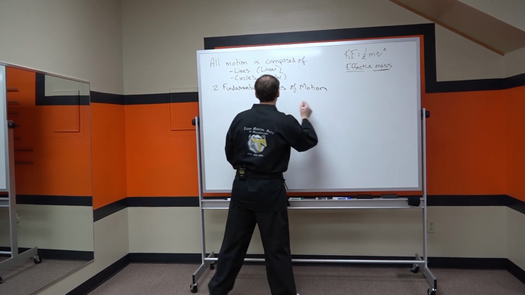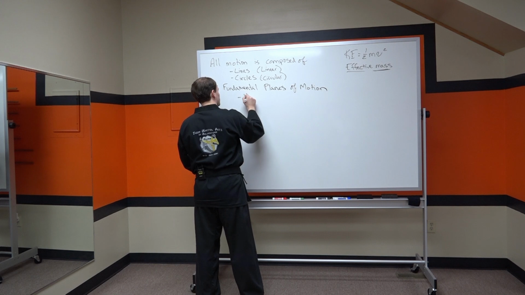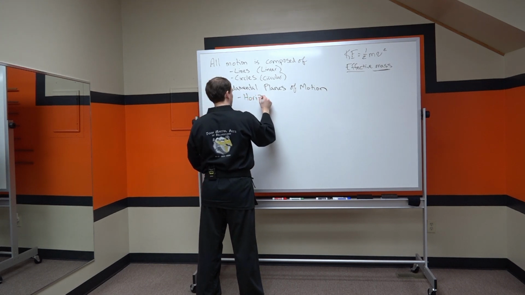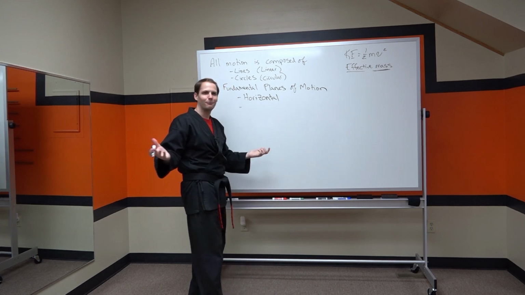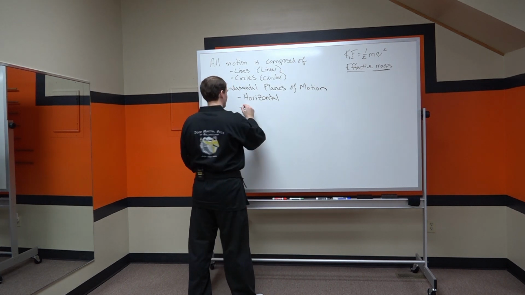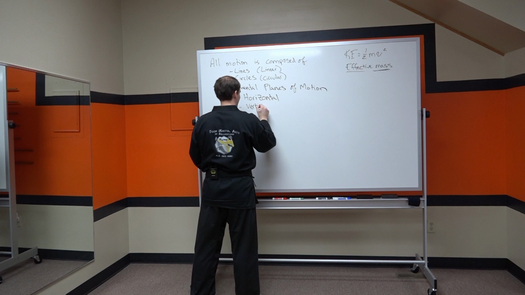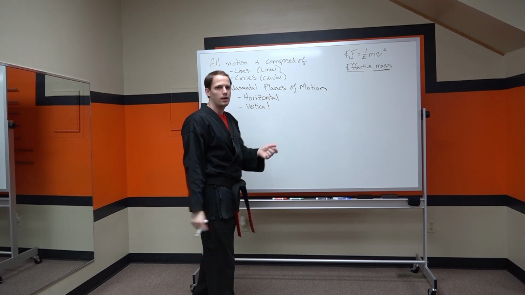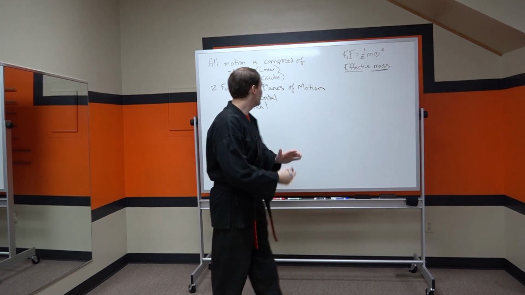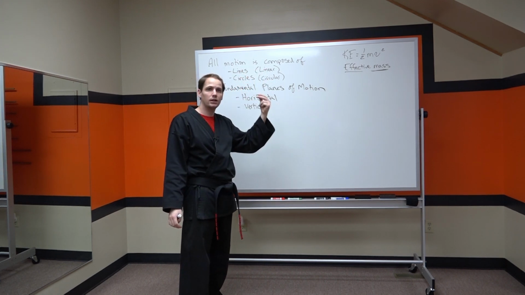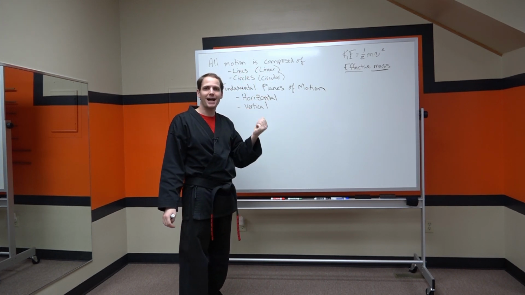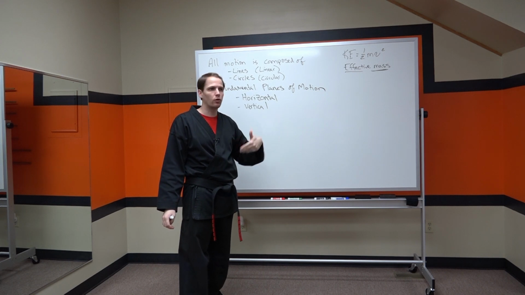And that is a horizontal plane of motion and a, what is it? What's the other one? Yeah, vertical. Just making sure you guys are awake and paying attention. A vertical plane. Okay? And when we analyze our body's movement through these two planes, we can derive several basic body actions or body movements that we can perform to enhance the effectiveness of our technique.